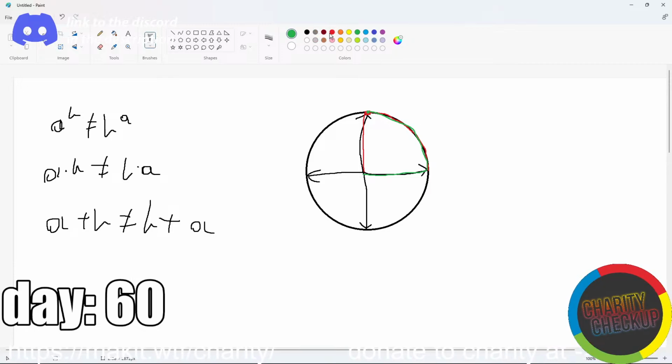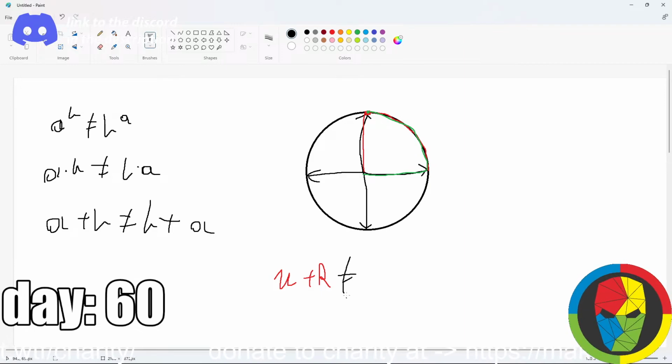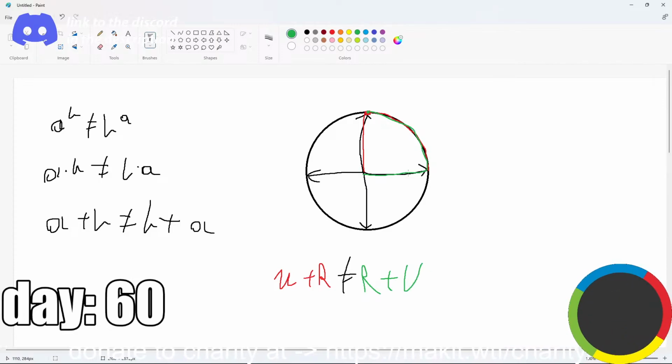Which means that up plus right is not equal to right plus up. The reason for that is very simple. When you go up, your right is the previous down, so that's the reason.